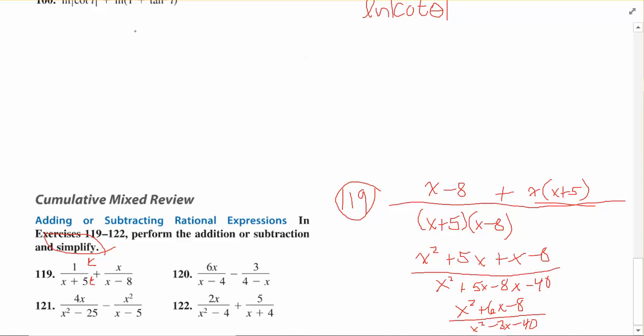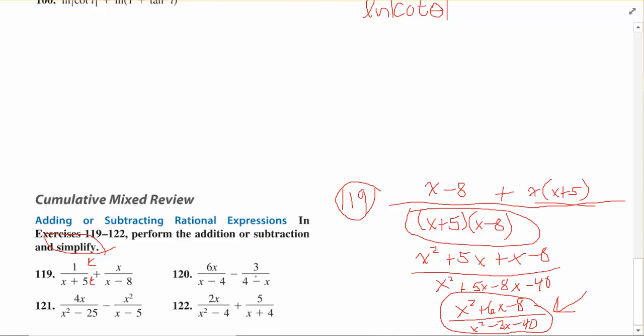Let me pause that for just a second. Okay, that's the answer, but the book doesn't bother multiplying these two together. So it would be x squared plus 6x minus 8 over x plus 5 times x minus 8. But this way of writing it is just as good.